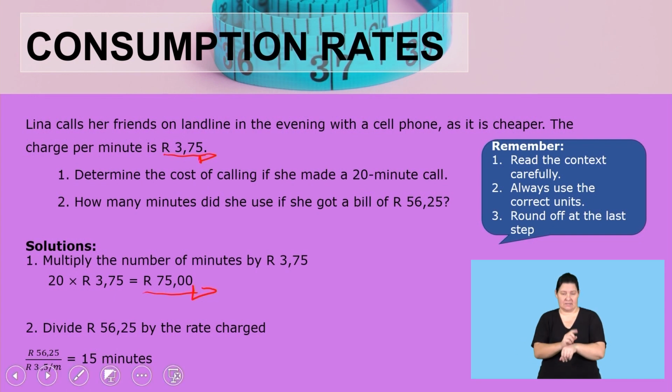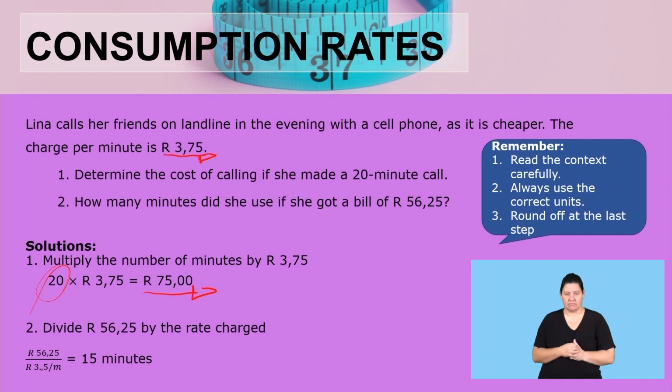So now, I want you to take note that once we calculate the cost, we always take the amount. It can be the minutes in this case, because we are calculating for the minutes of the quantity. We multiply it by the charge or the cost rate. That will give us the exact cost that we are calculating.